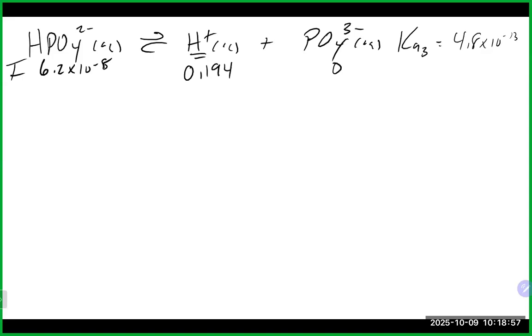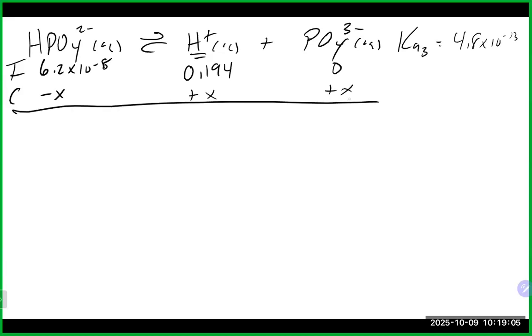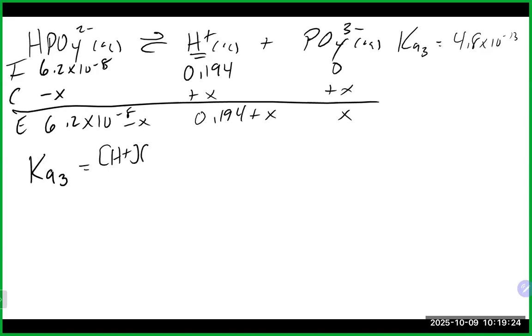So again, we've got a few things in that initial step: minus X for our change, plus X, meaning at equilibrium, 6.2 times 10 to the minus 8 minus X, 0.194 plus X, and X. This again, just like in the previous steps, goes into our equilibrium expression, which is our Ka3 expression: products over reactants, and that equals 4.8 times 10 to the minus 13.